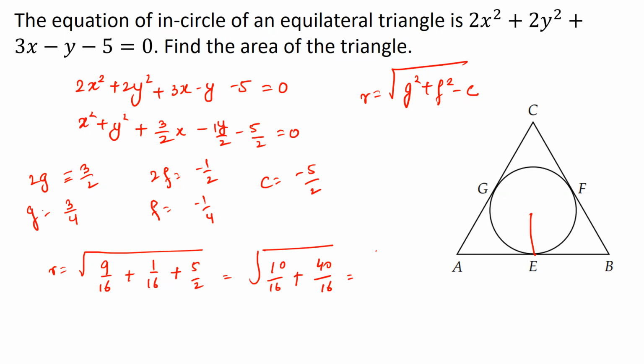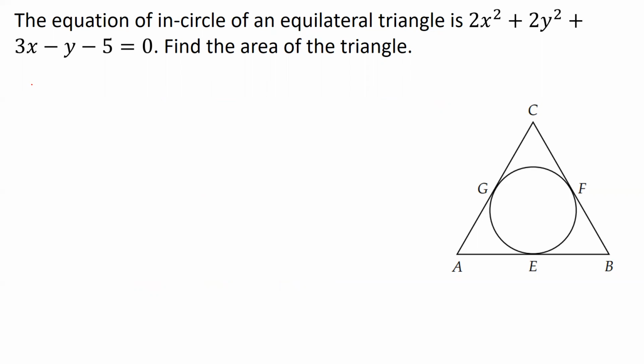So I get root over 50 by 16, which is root 50 by 4. So this is the radius of the circle. Let me erase all of the stuff over here and let's just keep the radius. So the radius of the circle is root 50 divided by 4.